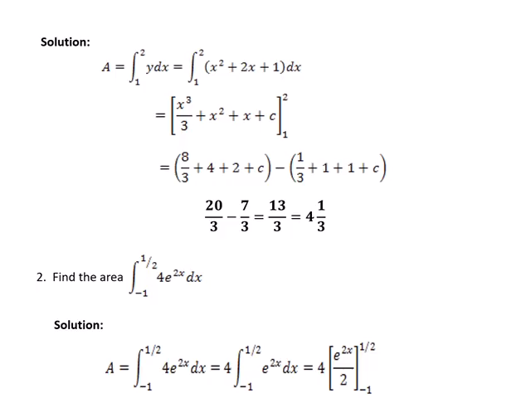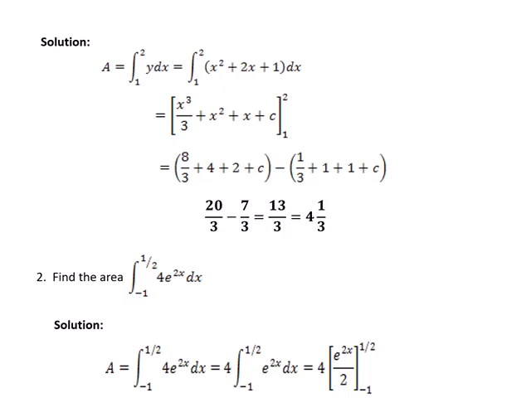We now integrate. When we integrate x squared, we have x raised to power 3 over 3. When we integrate 2x, we have x squared. Integrate 1, it is x, then with the addition of an arbitrary constant. Now substitute the intervals given, from 1 to 2.